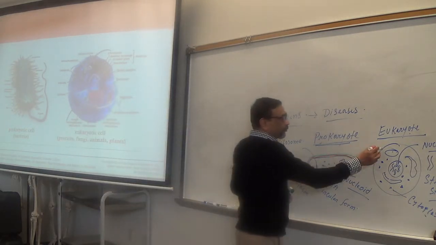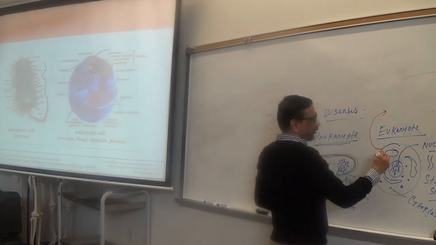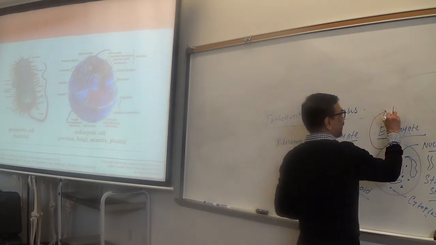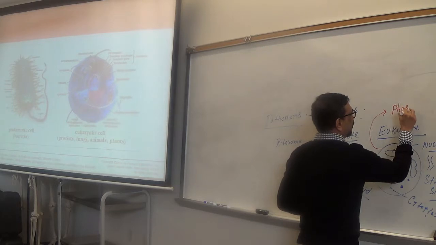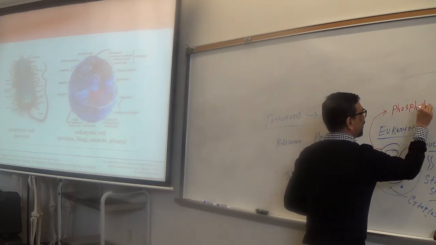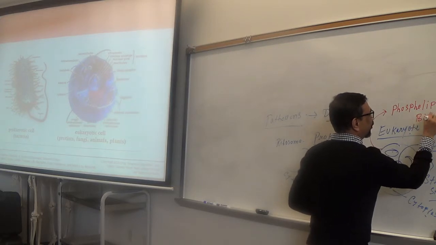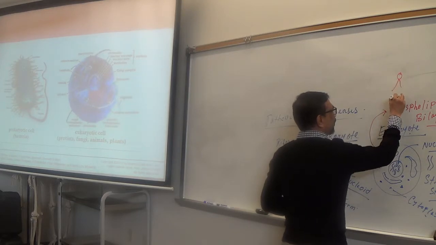So, the cell membrane of a eukaryote is just one structure, formed by a phospholipid bilayer. That means 2 layers of phospholipid.